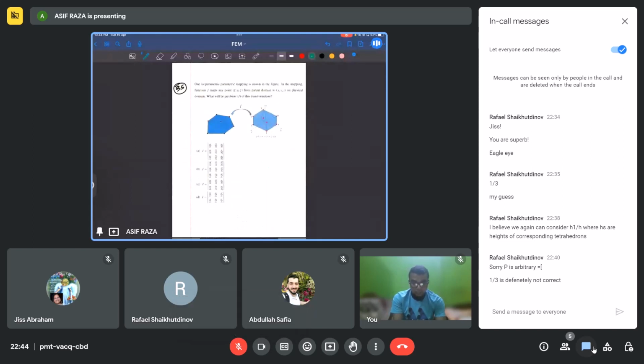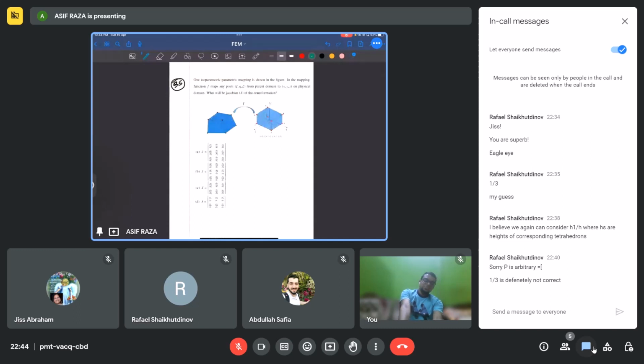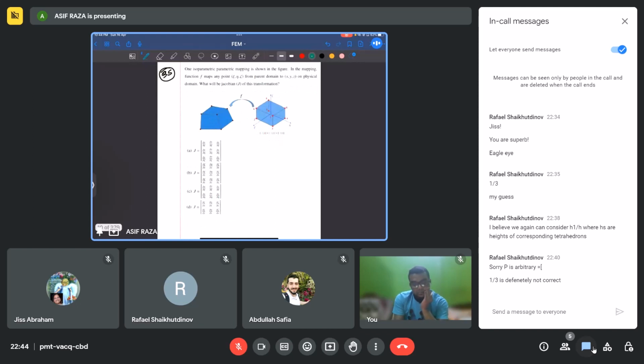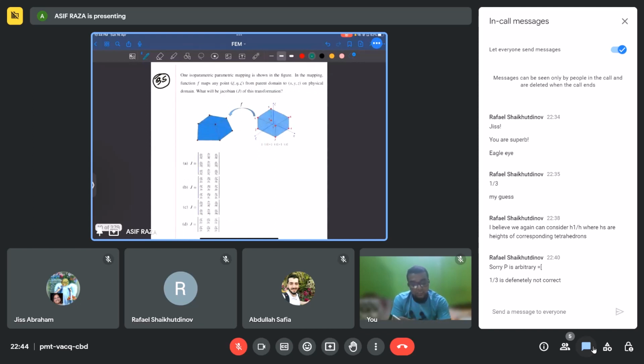Let's move on to the next question. This is also there in the assignment. I think I am helping you guys to give the answers to the assignment. Okay. The question is, one isoparametric mapping is shown in the figure. In the mapping function, f maps any point xi, eta, zeta from the parent domain to x, y, z on the physical domain.